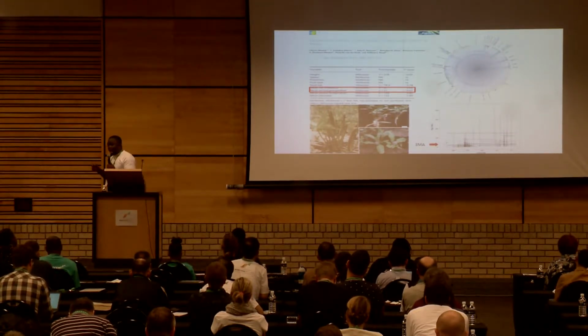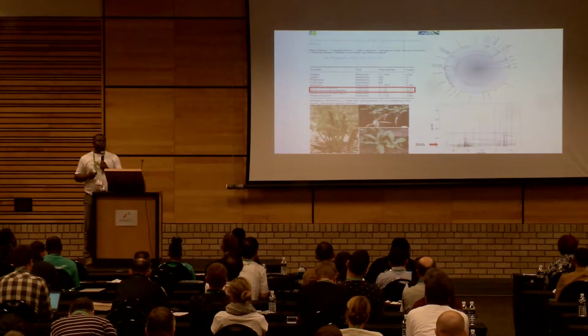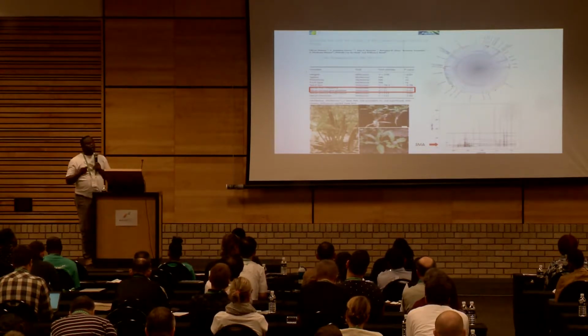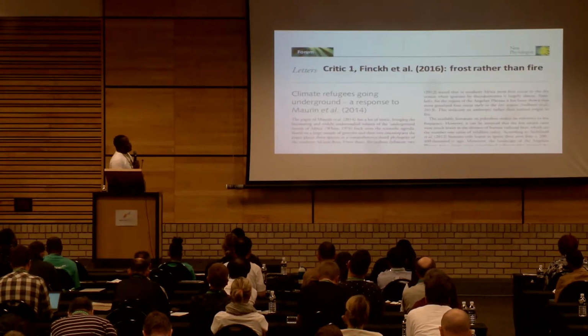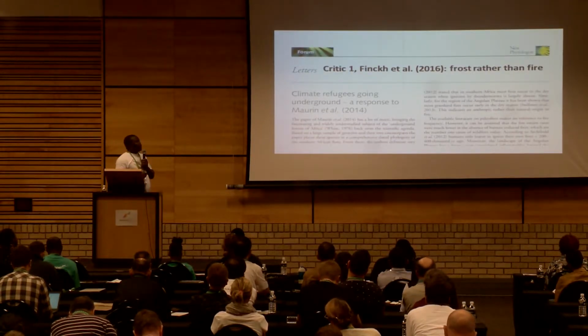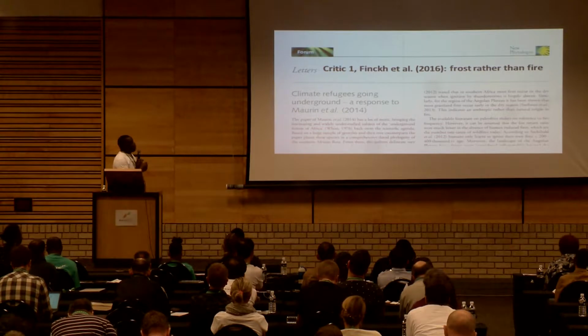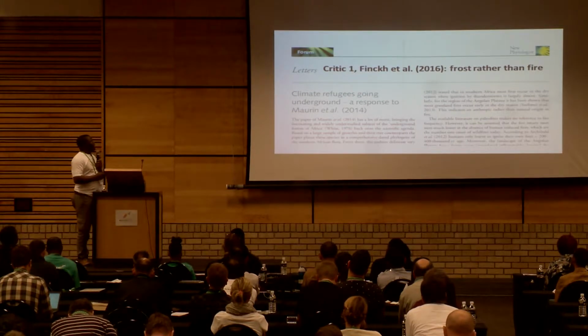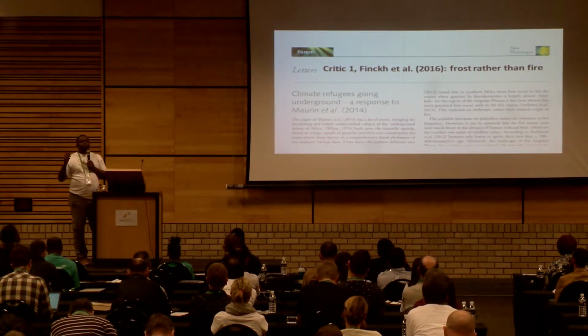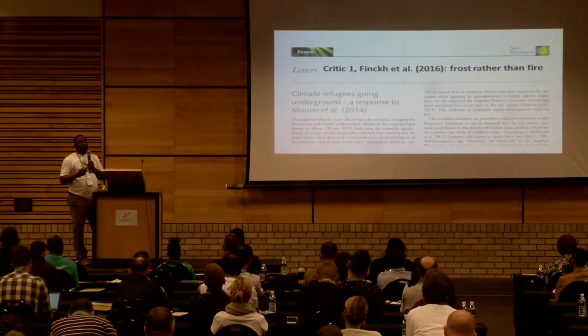Where you have a high frequency of fire occurrence, you are more likely to find these underground stems. This work has been a little bit controversial because some, for example, question the importance of fire in driving the underground stem, and they actually advocated for drought rather than fire.